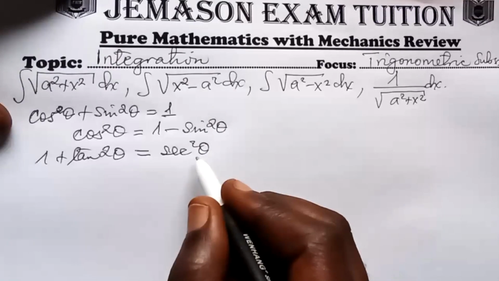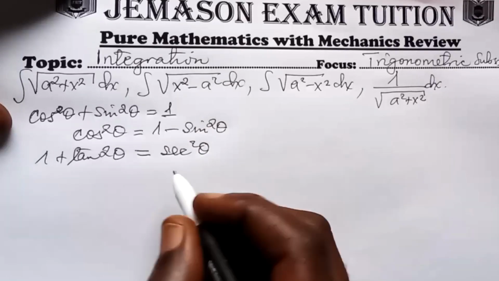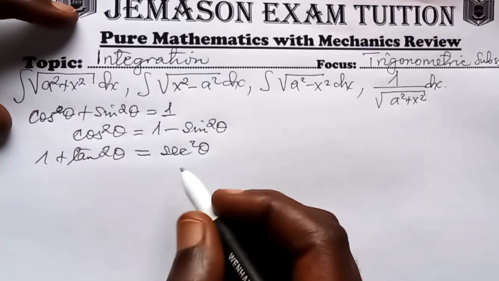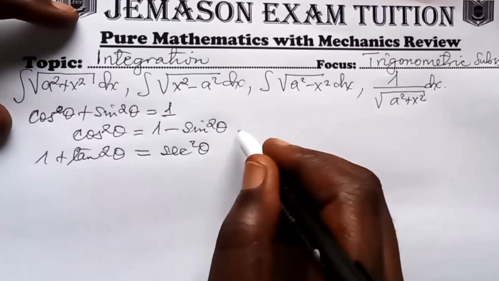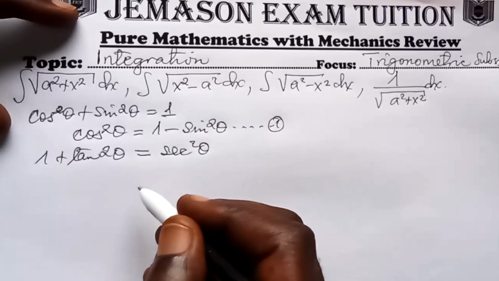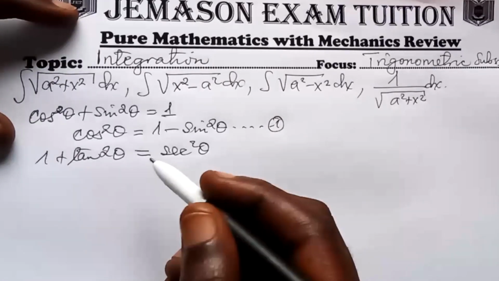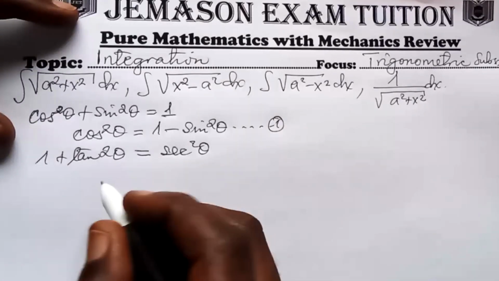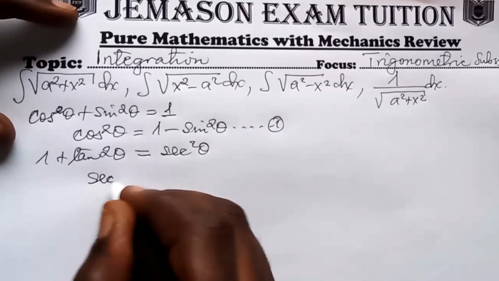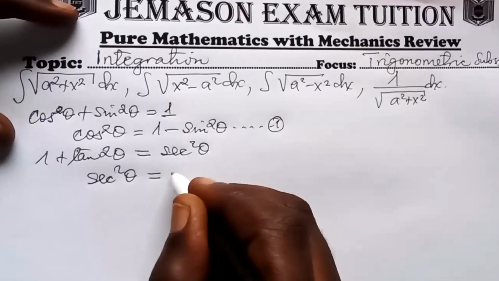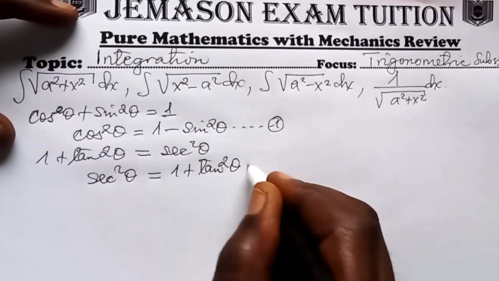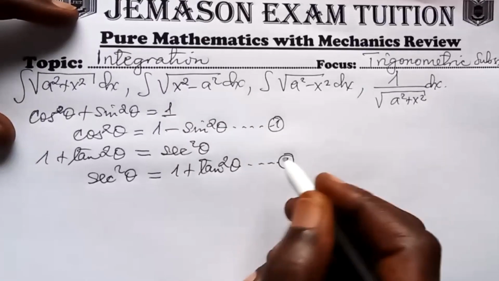And this derivative provides two other useful forms that we'll be making use of when we are doing trigonometric substitutions. So this is the first one that I will need to be making reference to once I come across any of the above integrals. The next one would be that sec squared theta equals 1 plus tan squared theta. So that is the second one.